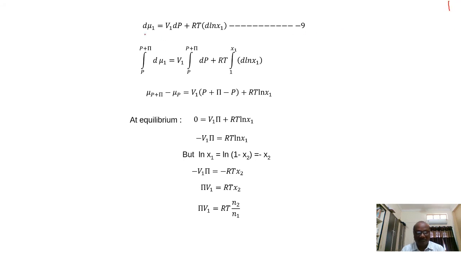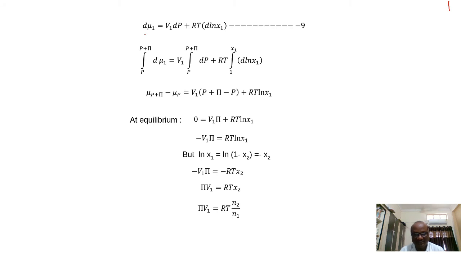How is the chemical potential changing? It varies between the limits of P to P plus π, because P is the osmotic pressure of, let's say, the solution of low concentration, and finally at equilibrium what happened?